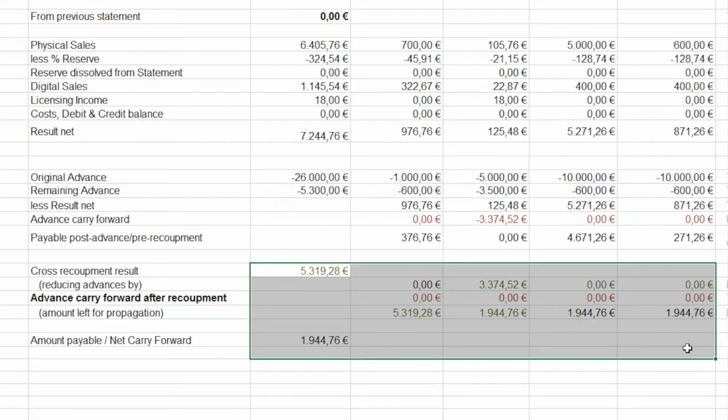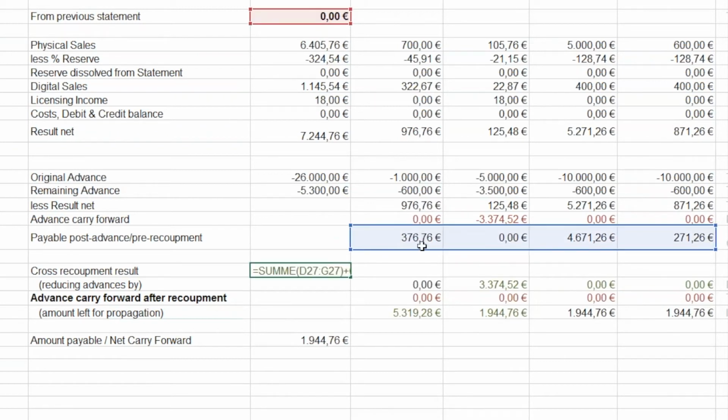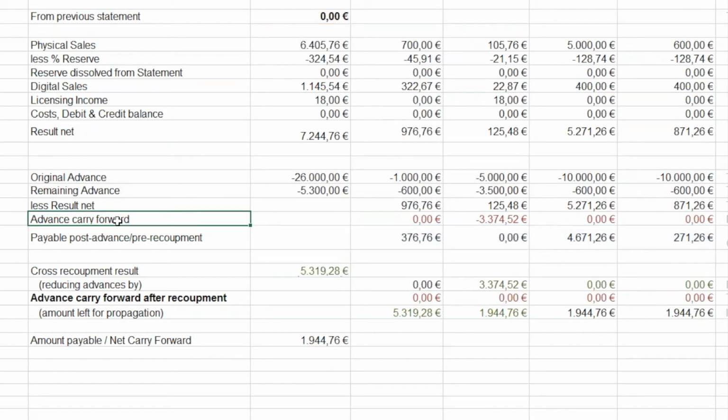Now here comes the second part of the magic, which is that the income of one can draw down the Vorschuss of others. So first we combine these potential incomes, which are the result after drawing down the remaining advance of individual contracts, plus from the previous statement any Übertrag, any net carry forward, not to be confused with an advance carry forward.